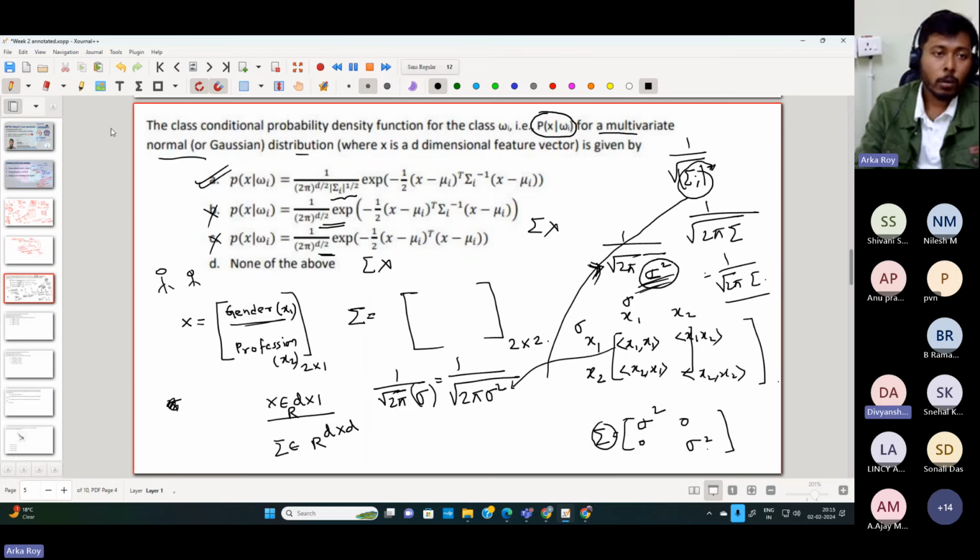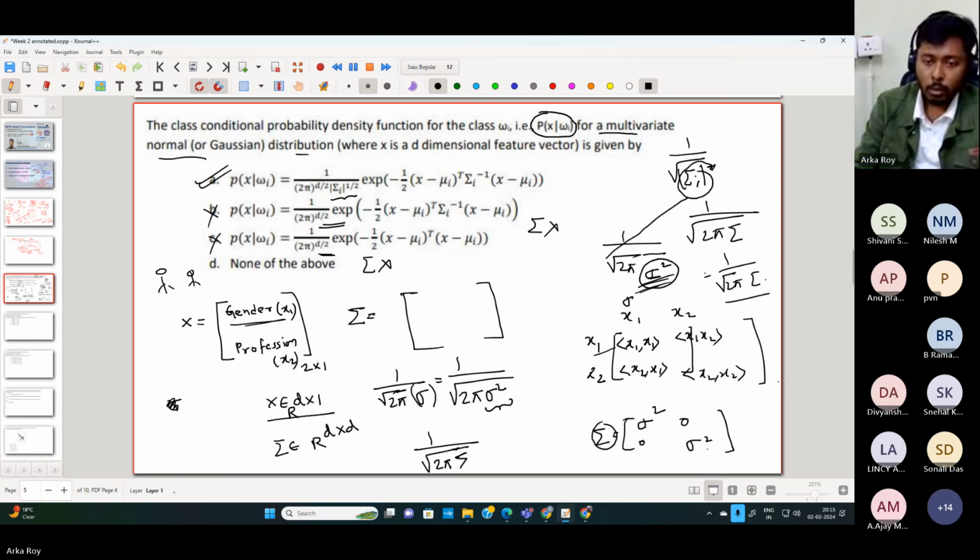Now the question is, I am writing small sigma square over here, but in case of the multivariate case, I am writing 2 pi sigma. So this is the problem. You are asking why only sigma over here, and why sigma square only over here?